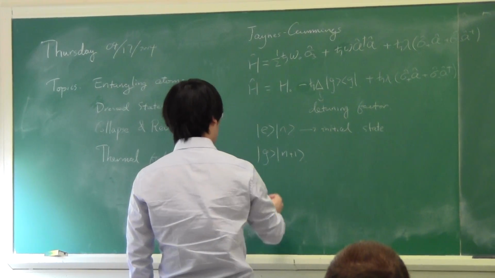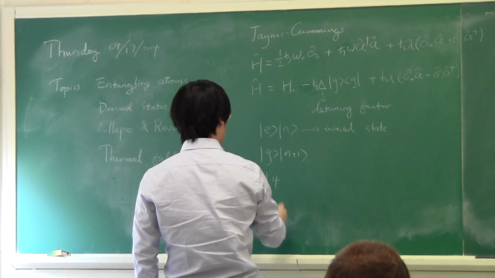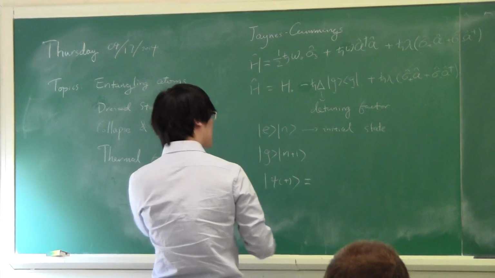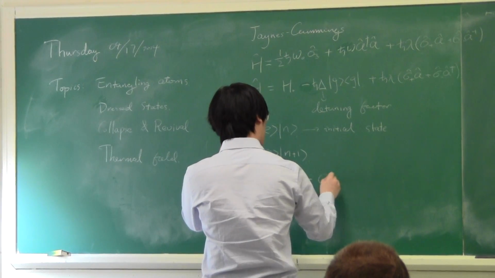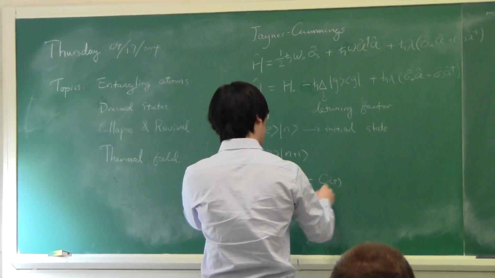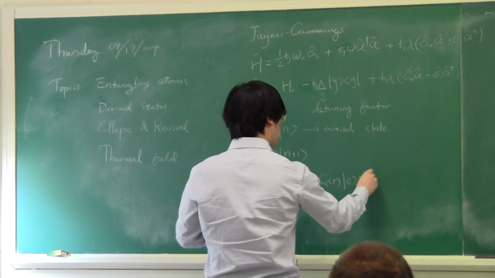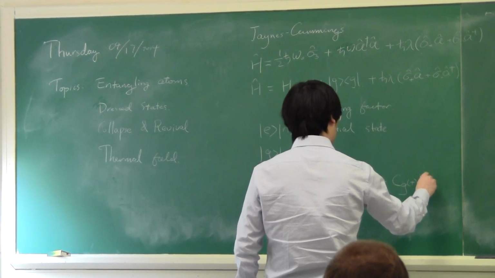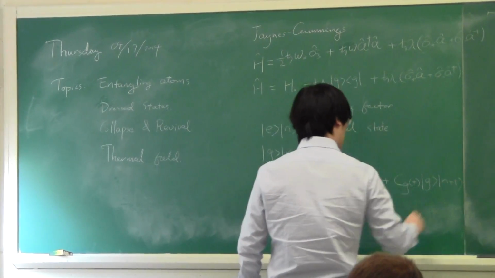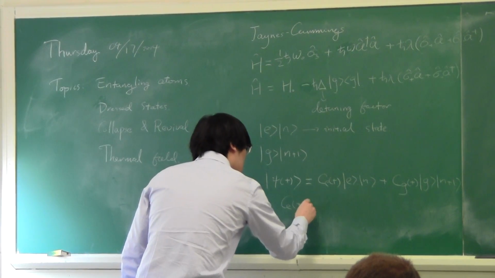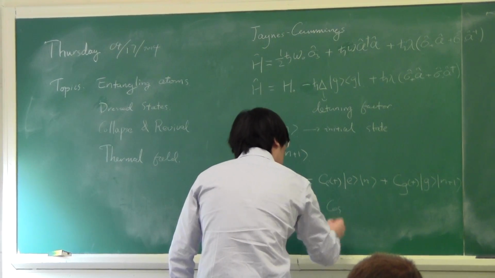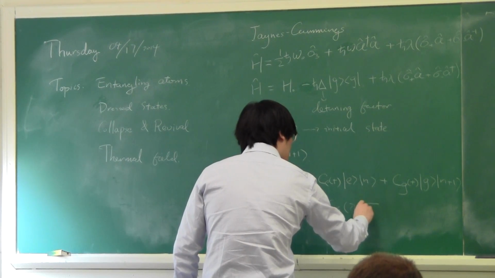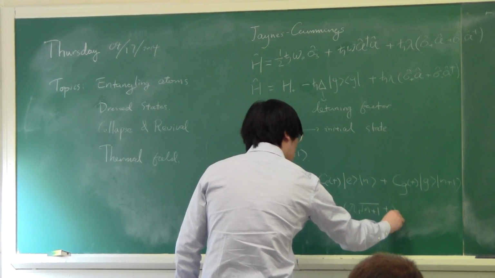So the solution was that if I expanded psi of t onto these two possible bases, using C excited as a function of t plus C ground, then we found that this was equal to cosine of lambda square root of n+1 t.